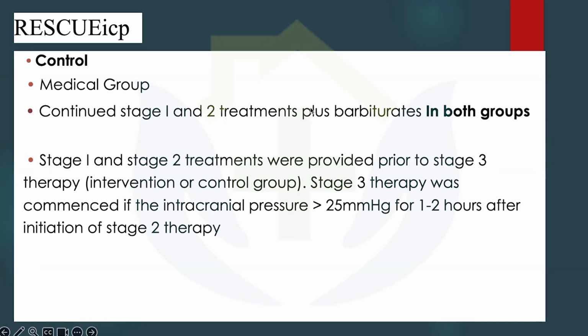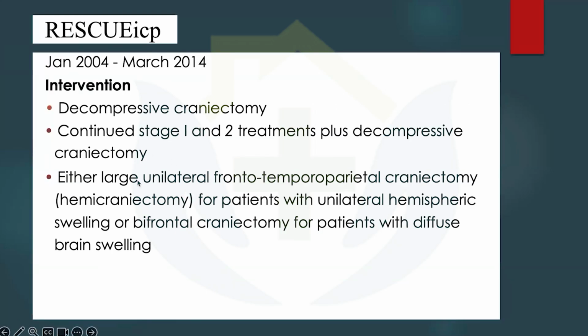Continue stage 1 and 2 treatments plus barbiturates in both groups. That was the control, and the intervention group was decompressive craniectomy. What the intervention group did is a large unilateral frontotemporoparietal craniectomy, not less than 12 into 15 centimeter size.